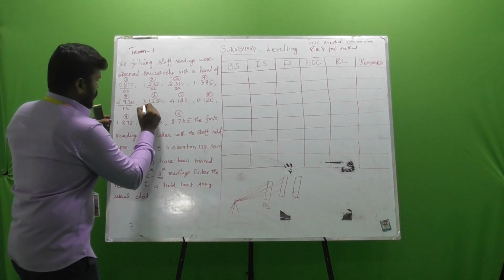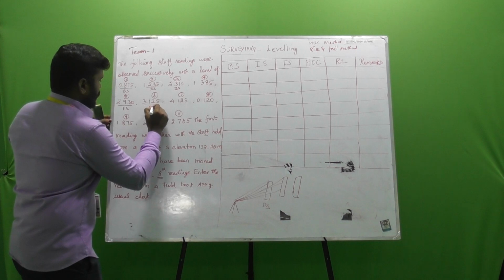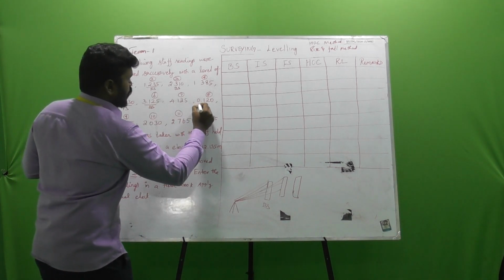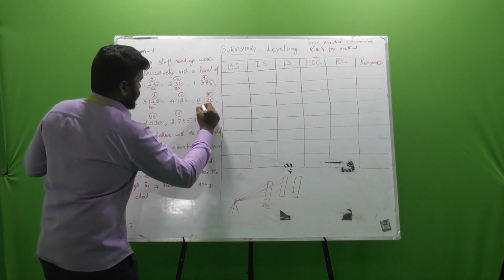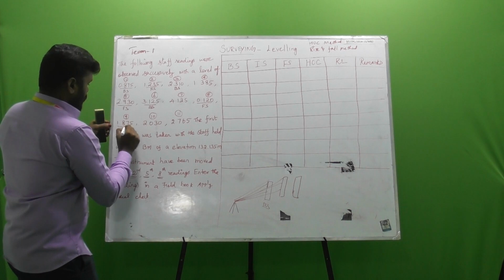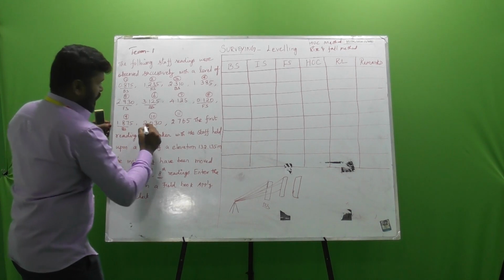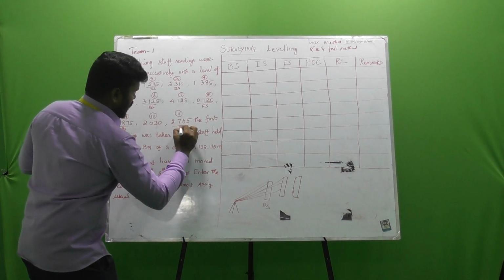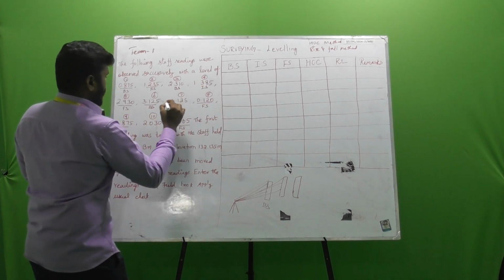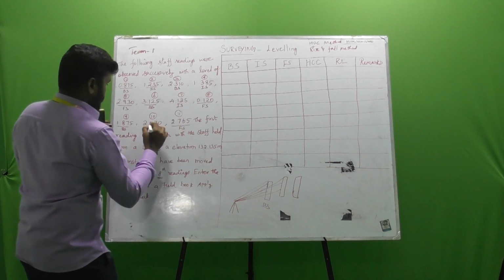Immediately the next value is BS. Then again, at the eighth reading the instrument is moved, so that value is FS, and the next value is BS. The final reading is FS, and all the remaining readings are taken as intermediate sight, that means IS.